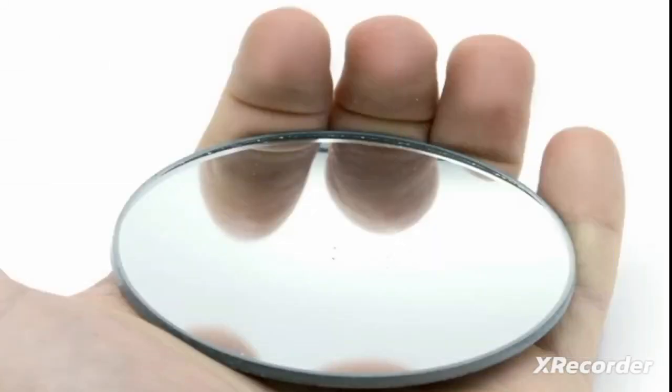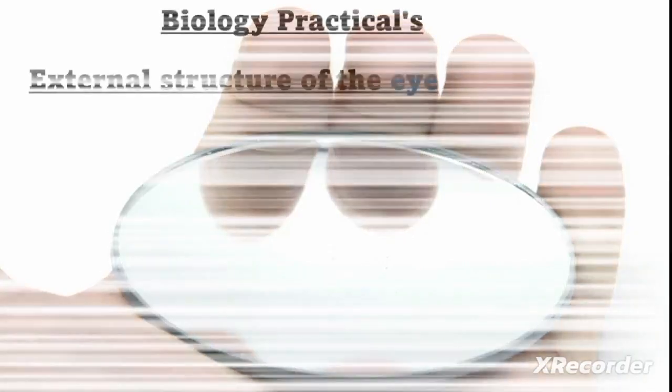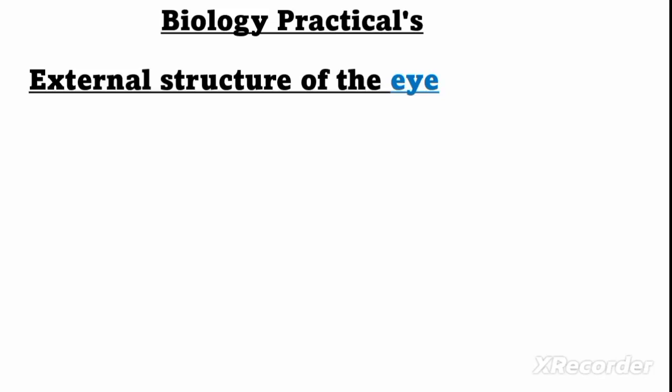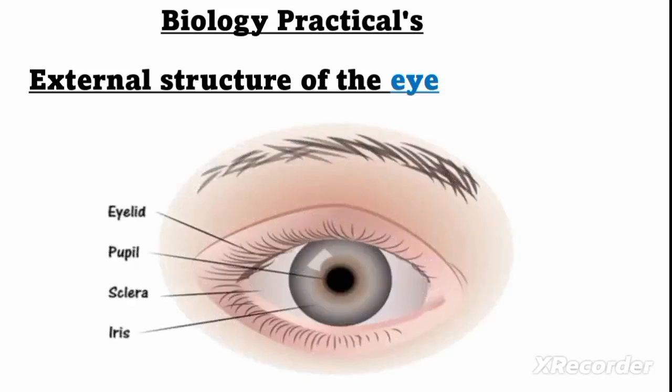Okay, so in order to draw the external structures of the eye, we'll be making use of the mirror. So mirror is one of the apparatus we'll be using to do these practicals. So here we have some of the external structures.